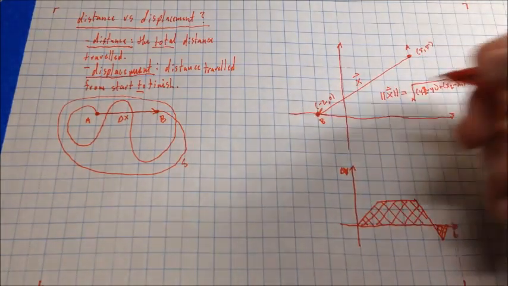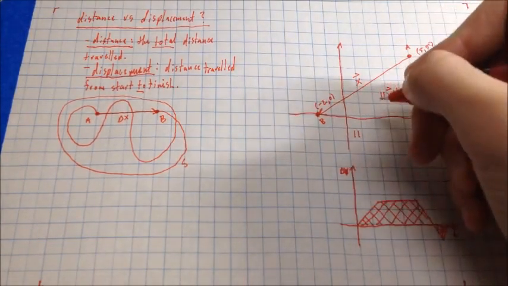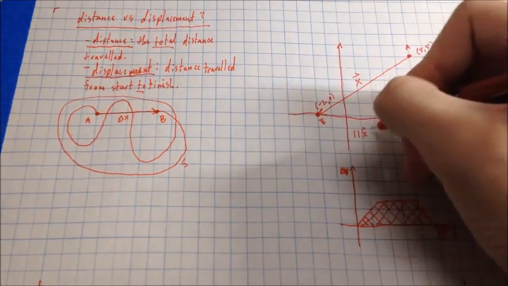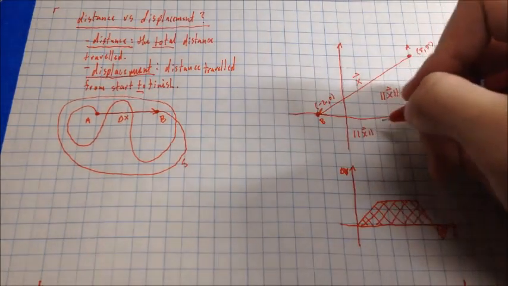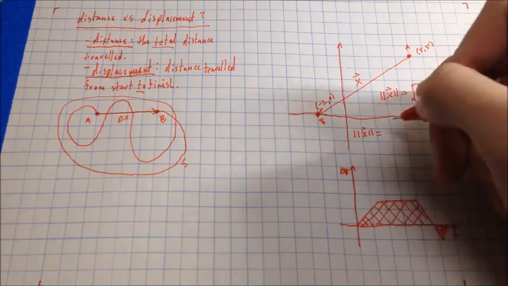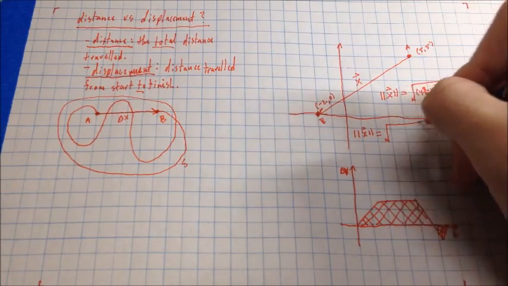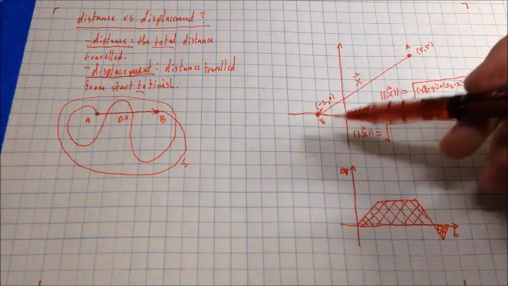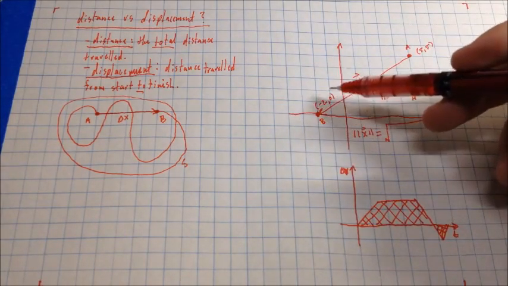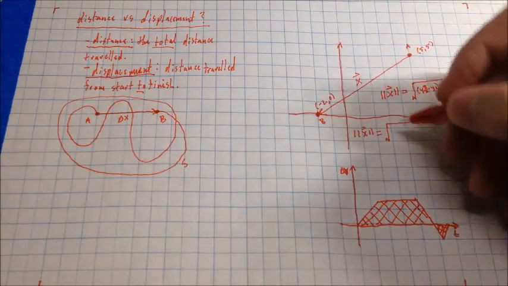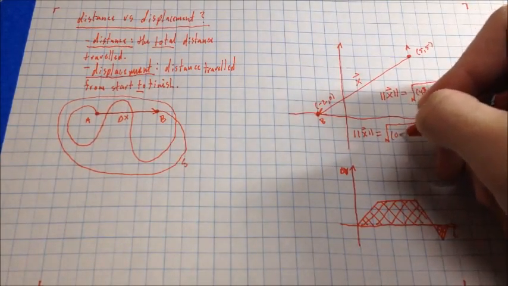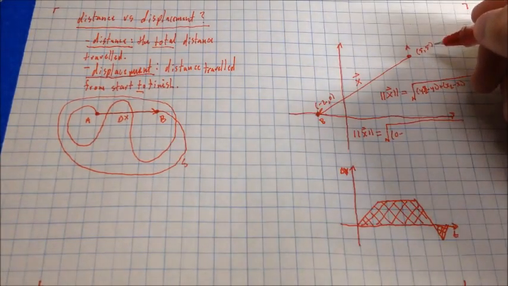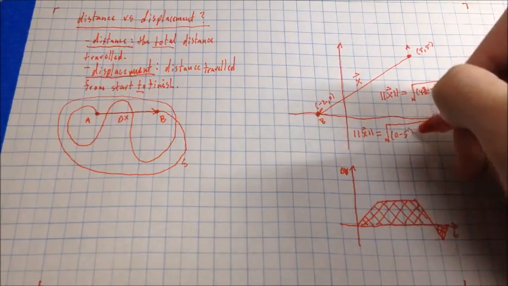So, in order to calculate the actual magnitude of this vector, we simply take double bar magnitude of vector x is equal to the square root of, since we're ending at point B, y2 is obviously going to be 0. So we're just going to say 0 minus y1, which is 5.